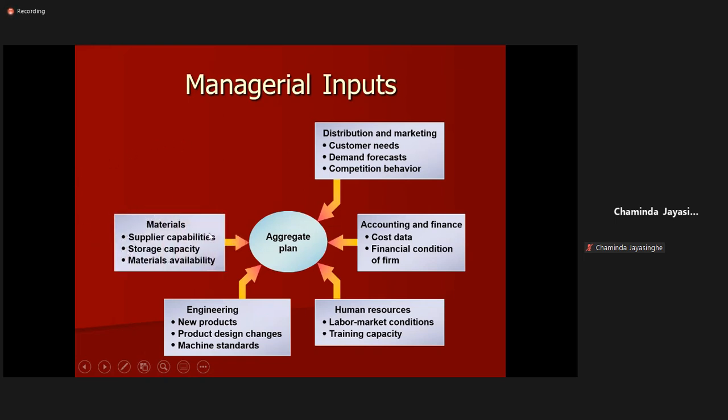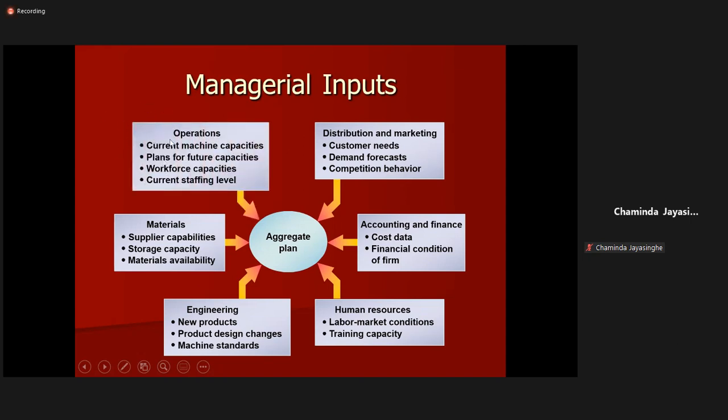From materials, you can get supply capabilities, storage capacity, and material availability. From operations, you can get current machine capacities, plans for future capacities, workforce capacities, and current staffing levels. So these are managerial inputs. Actually, the aggregate plan is the major plan which acts as an interface between all these functions.